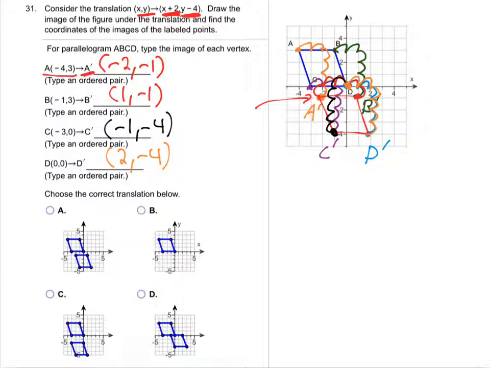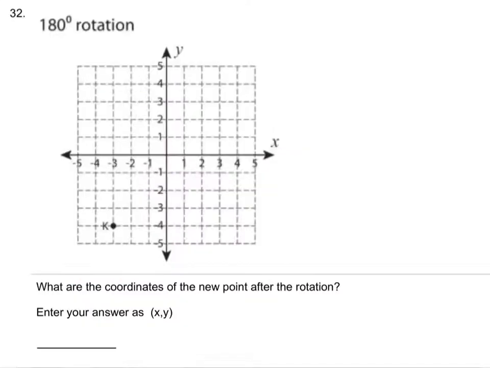There's the coordinates of all the new shapes, and which one of these is the right image shape on that? Can you see it's right here? That's the correct image of that one. So there we go. Just moving the whole parallelogram right 2, down 4, finding the new coordinates for each of the 4 points having been moved right 2, down 4.